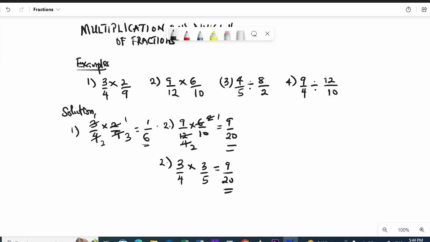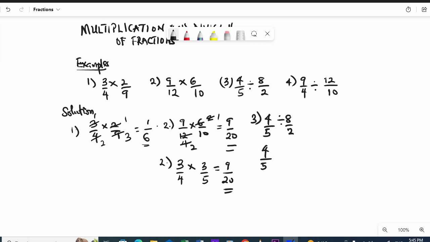And then the third one, which is 4 over 5 divided by 8 over 2. Now, when we're talking about division, the first thing we want to do is take the fraction on the right hand side, that's this 8 over 2, and invert the fraction.